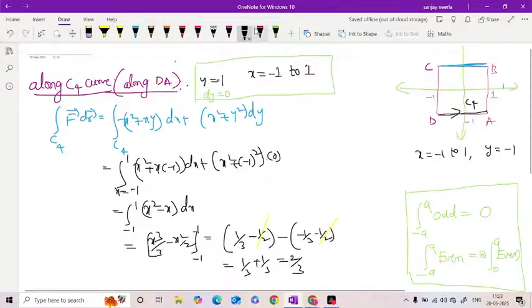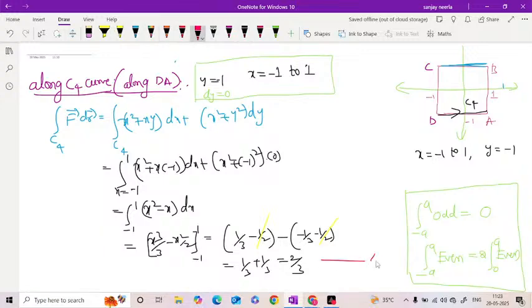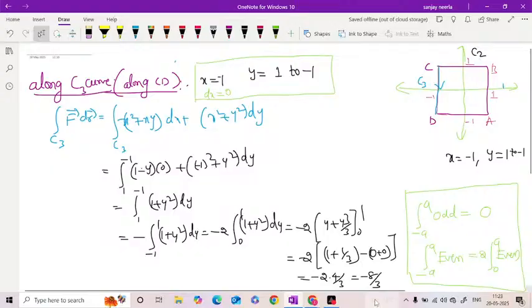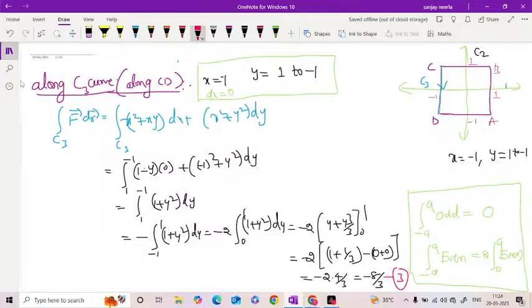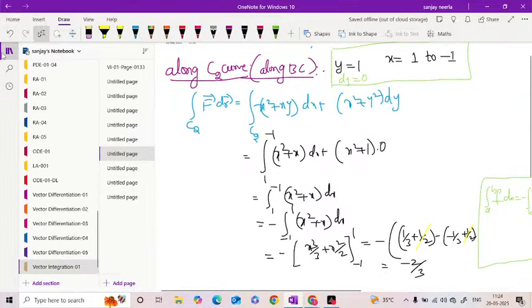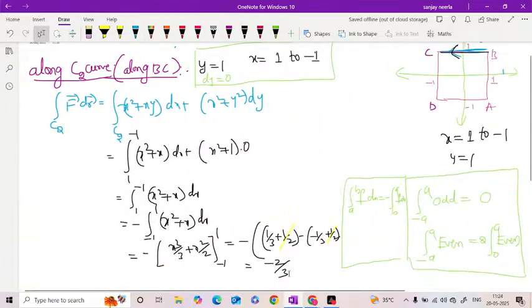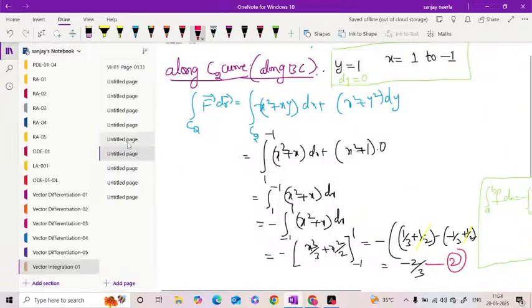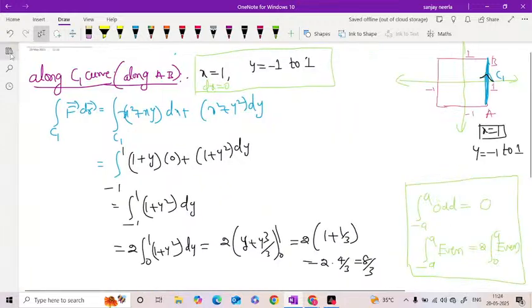Now we'll give the numbers. This is the fourth result, this is the third result, this is the second result, minus 2 by 3, and the first result is 8 by 3.